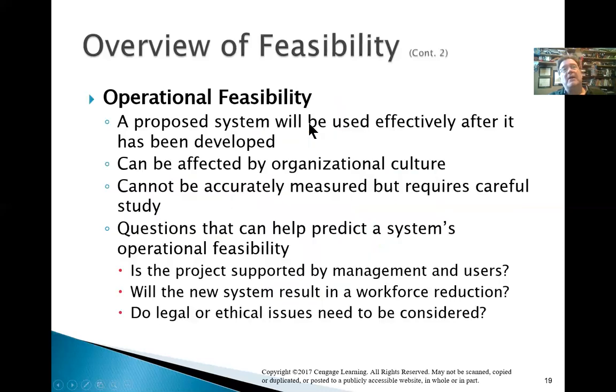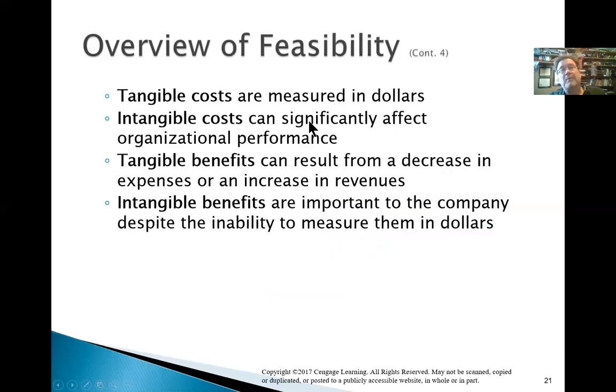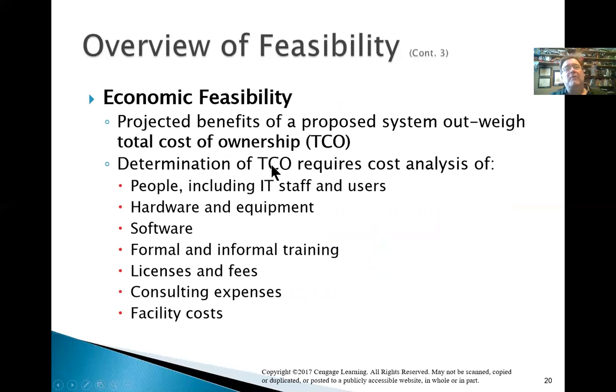So they kind of go through the slides and they talk about, one thing about economic feasibility, before I blast through them, is there's this interesting idea here, TCO and then ROI. So TCO is total cost of ownership. We're going to talk more about this in a later chapter, but those of you that own cars know that the sticker price that you paid for the car isn't the total cost of ownership of the car, right?